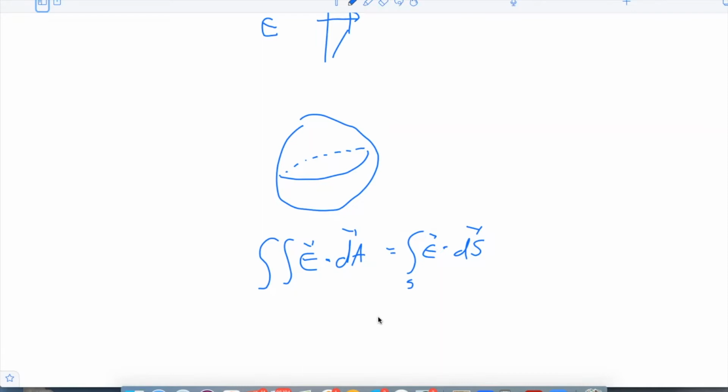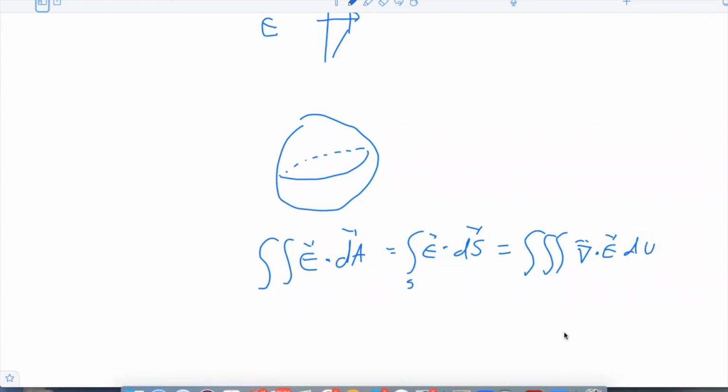Very hard. However, the very last thing you learn in Calc 3 is there's a shortcut. You can use the divergence theorem. This is equal to the triple integral of the divergence of E dV.